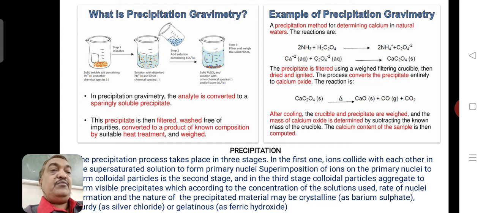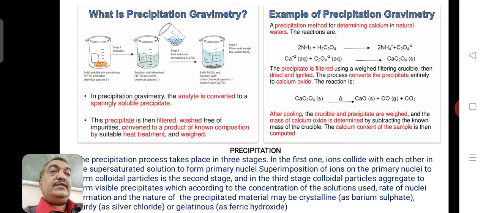Once calcium oxalate is formed, our aim is to get a stable substance. Calcium oxalate is not stable, therefore it is subjected to heating. On heating, it decomposes to give solid calcium oxide, and carbon monoxide and carbon dioxide gases escape.